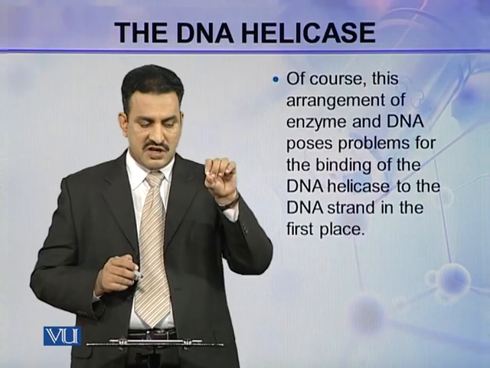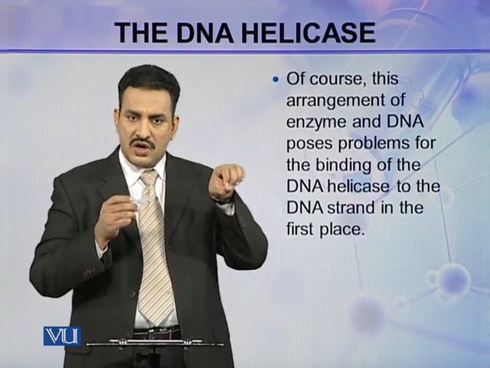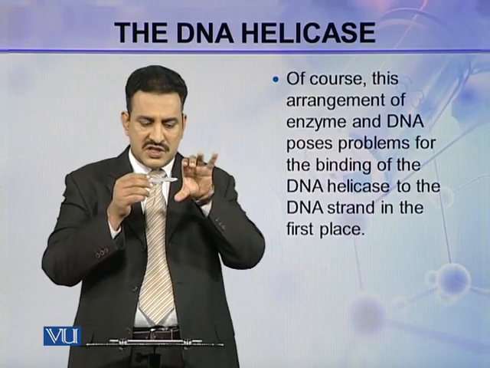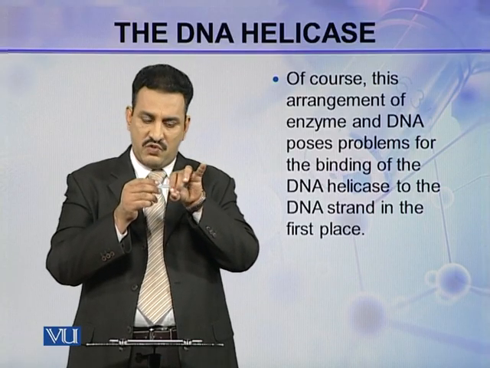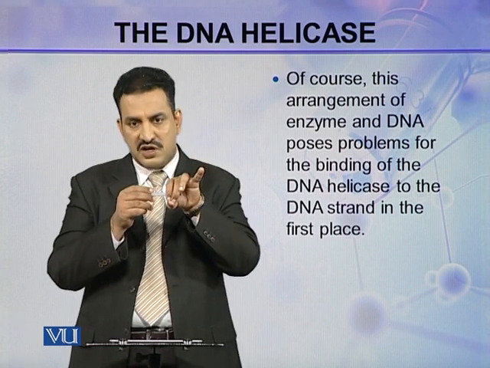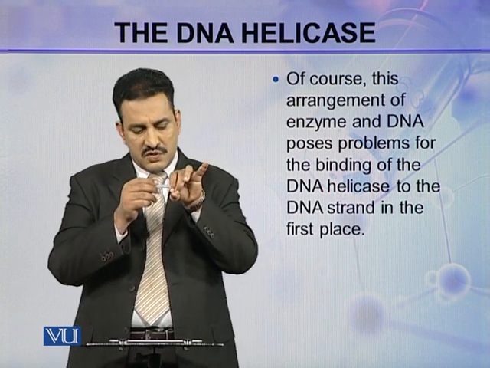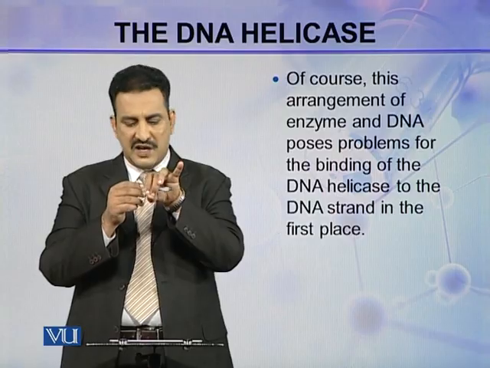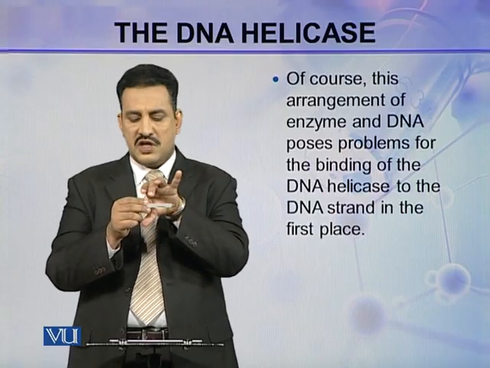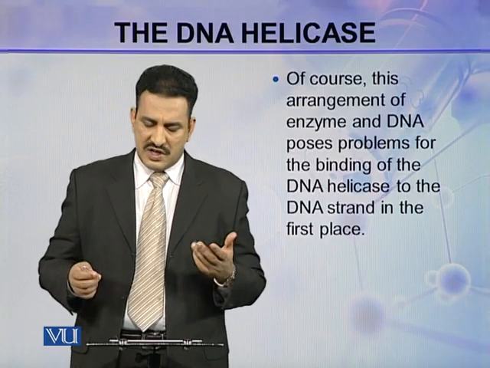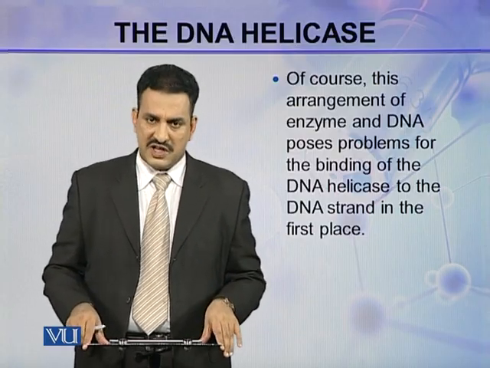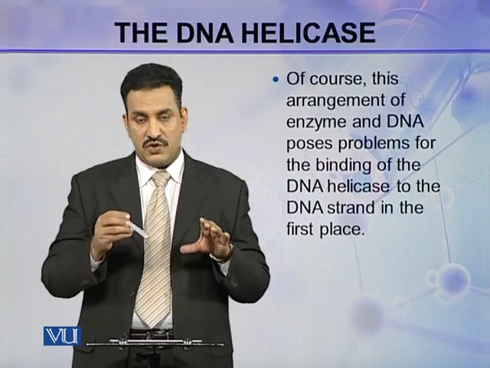Because this is a ring form, how does this ring encircle this DNA strand the first time? Once it has encircled this strand, it will keep on moving, and at the end of replication it will leave the strand. That can be explained, but how does it encircle the strand for the first time?